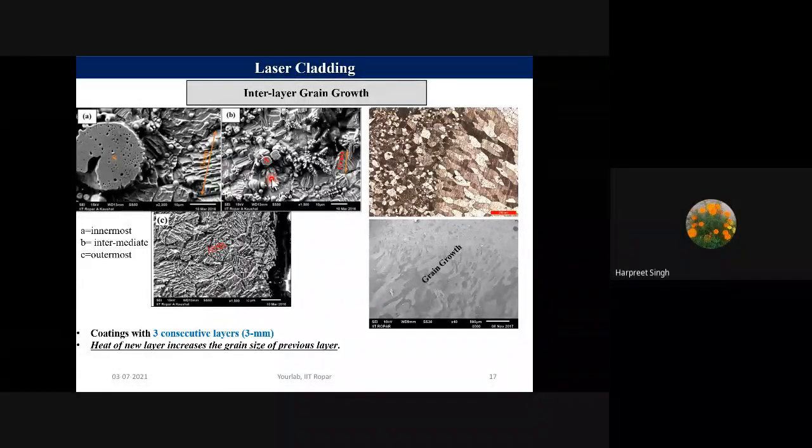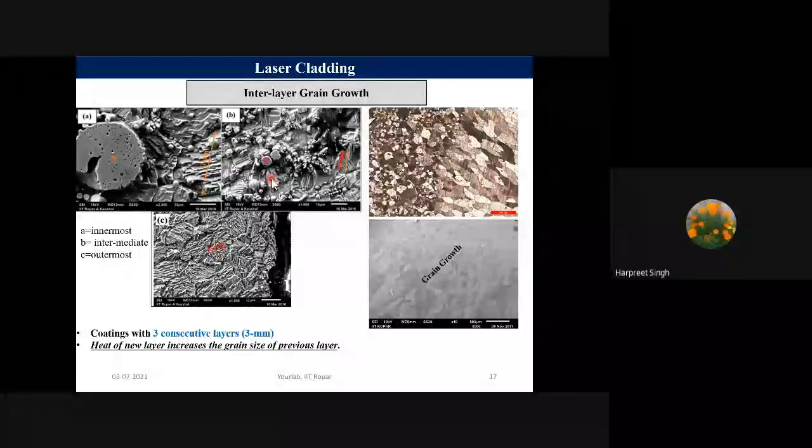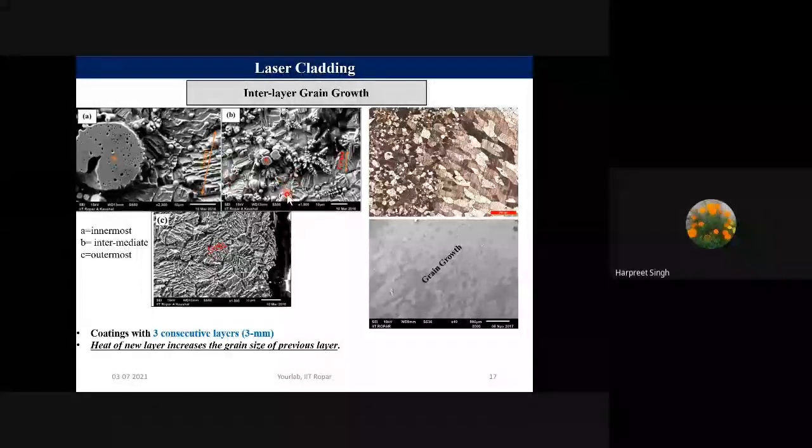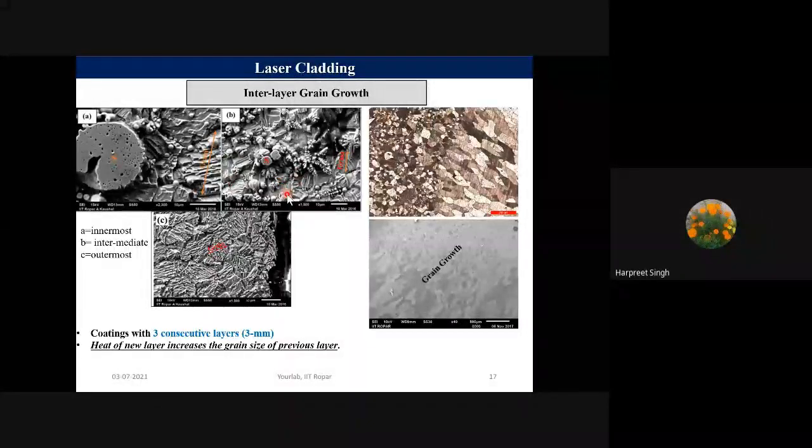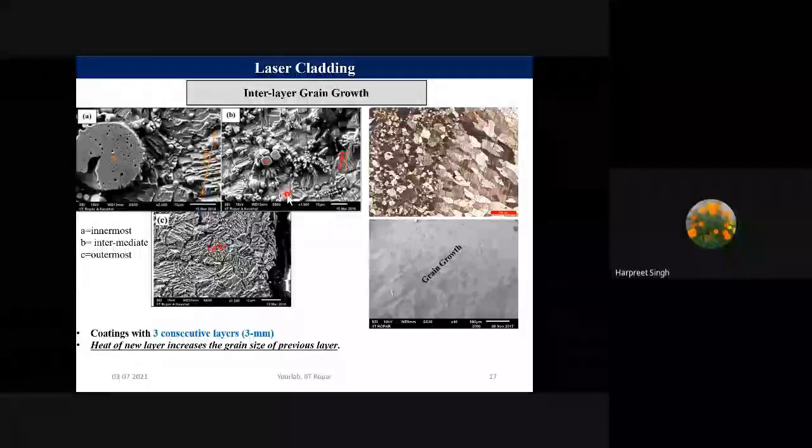So for that we did a lot of studies along the cross section at different points, and we could see all these grain growths, unnecessary grain growths, I would say.